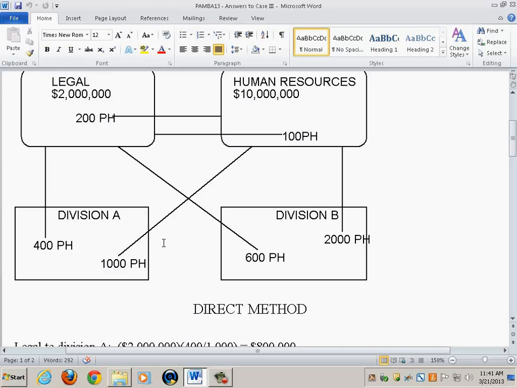And whatever they negotiate, then they'll charge each other, and that will replace the cost allocations. So a good number of companies have this transfer pricing regime.